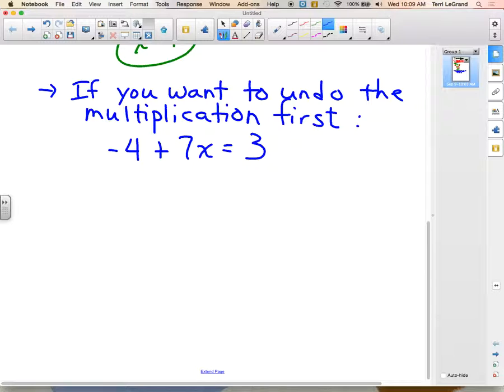Negative 4 and 3 and 7x. All parts have to be divided. Whenever you're going to undo multiplication or division first, you have to make sure that you do it to every part. So here's what we would have to do. And go ahead and do it with me so you can have the fun of seeing, you know what, when should I make good decisions?